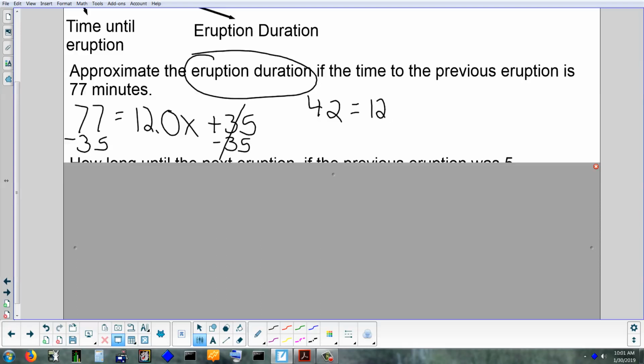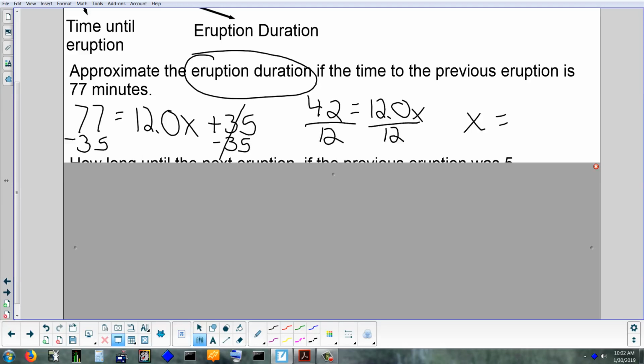Equals 12.08. And again, if you just wrote 12, if you wrote it without the decimal of 0.0, that's okay too, doesn't matter. You don't have to put it, it's still 12. One more step here. I've figured out the duration of the eruption. Donovan? Divide by what? 12. X equals. Does this come out evenly?